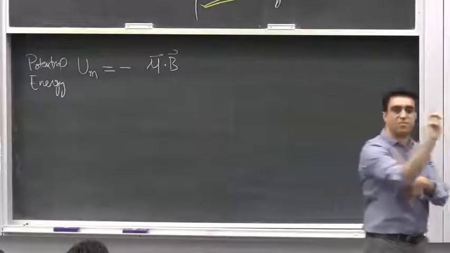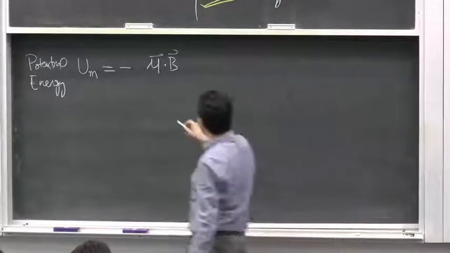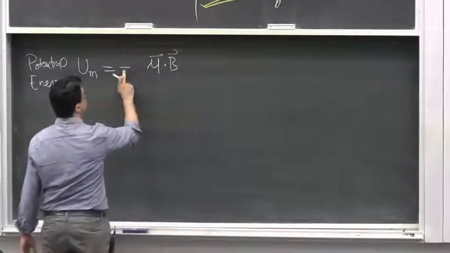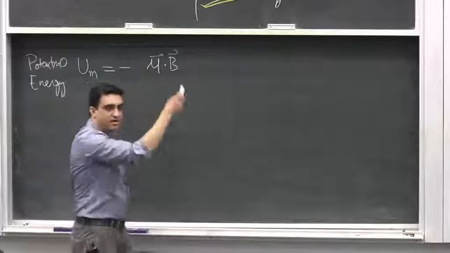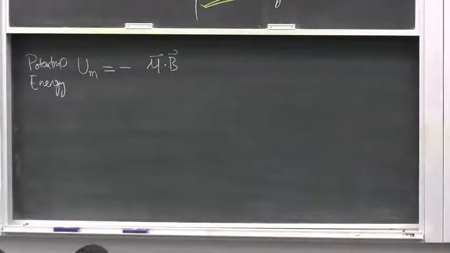So what would be the maximum potential? When mu and B are anti-parallel, you have a negative times a negative, so you would have a positive potential. And what if they are perpendicular? It is zero. Okay?